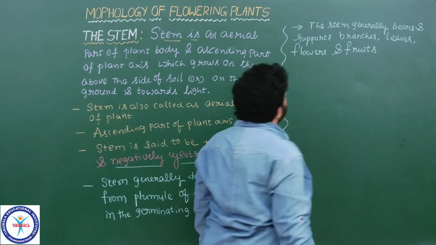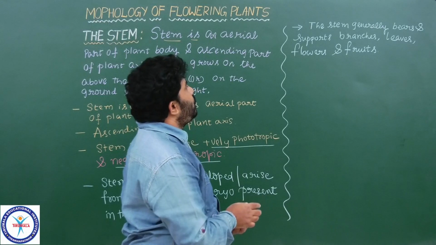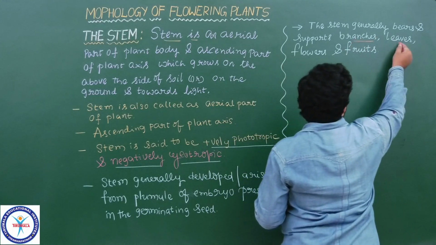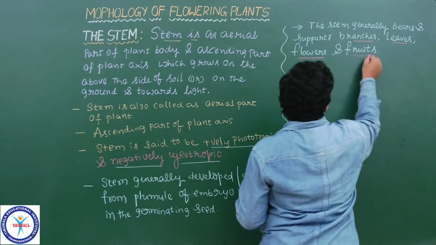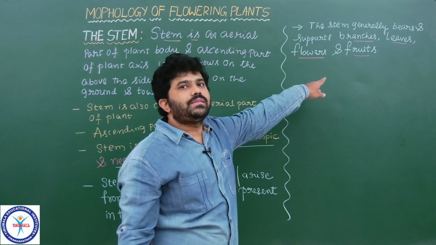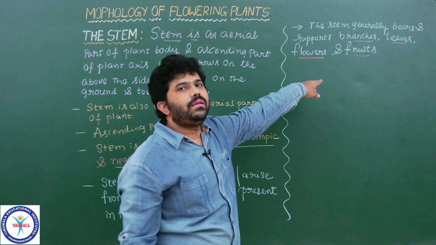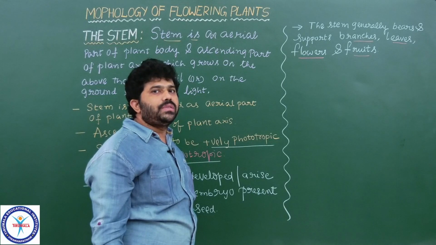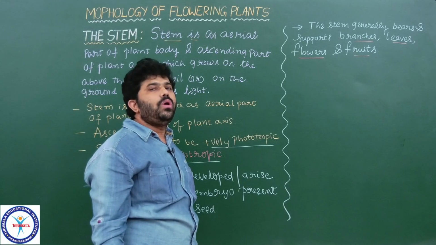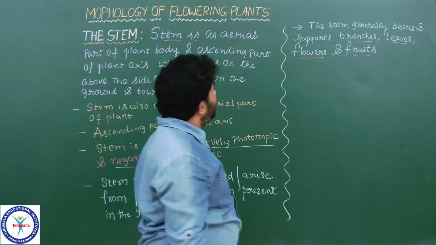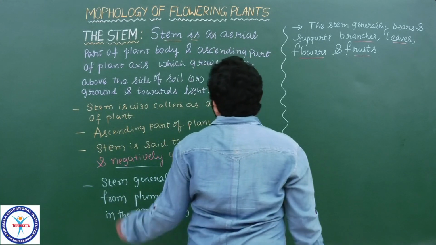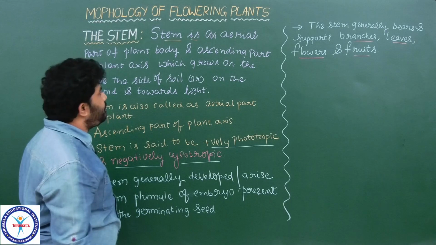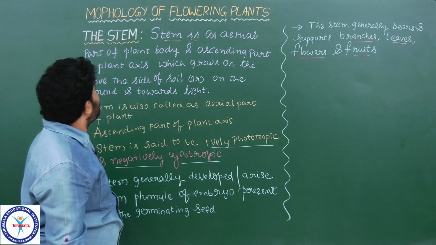Now you got the point, students? The stem generally bears and supports branches, leaves, flowers and fruits. All these plant organs are borne on the particular plant axis called stem. Understand? The stem is produced from the plumule of the embryo during seed germination. Understand, students? So this is the information by which we can understand what the stem is, where the stem is, and what part of the plant body it is.